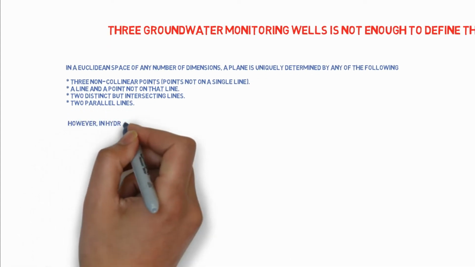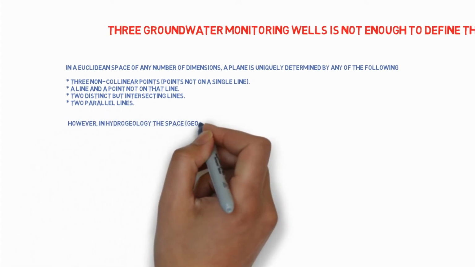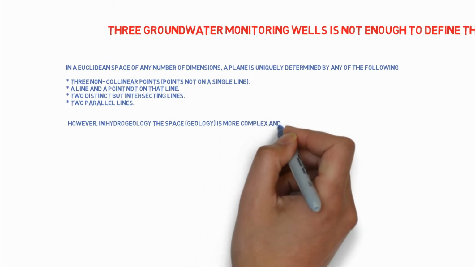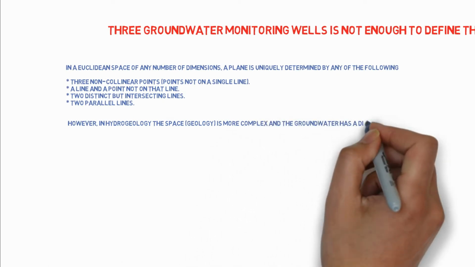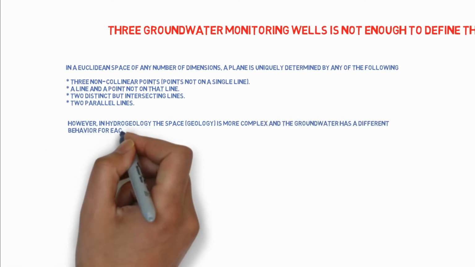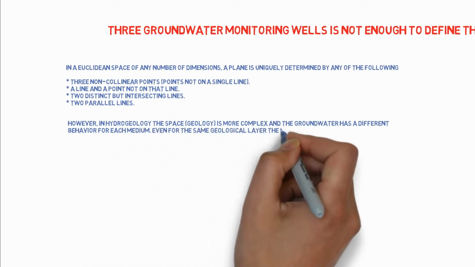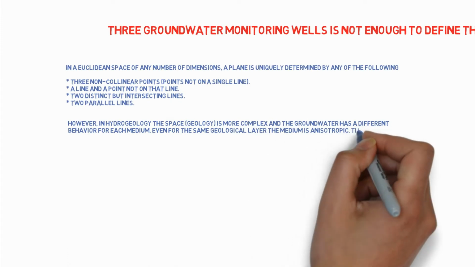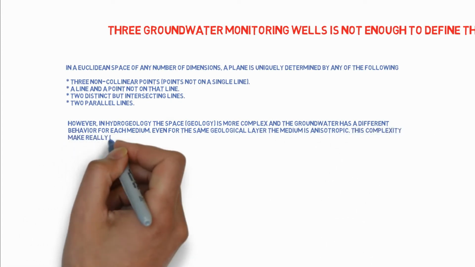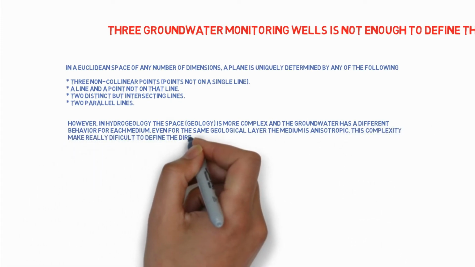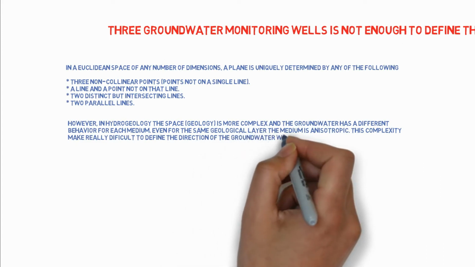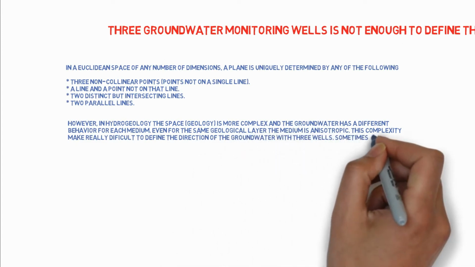However, in hydrogeology, the geology is more complex and the groundwater has a different behavior for each medium. Even for the same geological layer, the medium is anisotropic. This complexity makes it really difficult to define the direction of the groundwater with three wells.